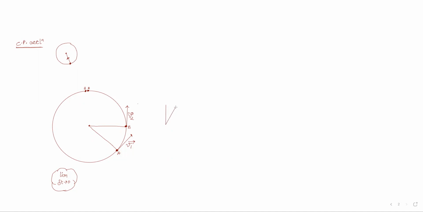What we have done is just converted this complete circular motion into vector algebra.